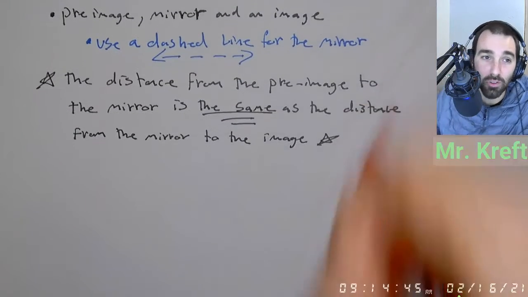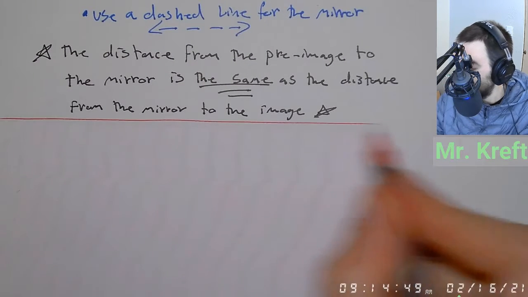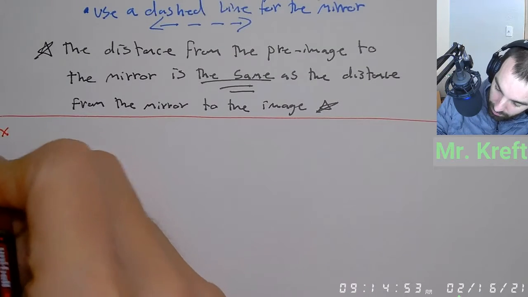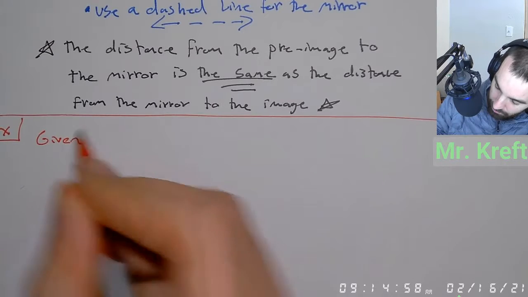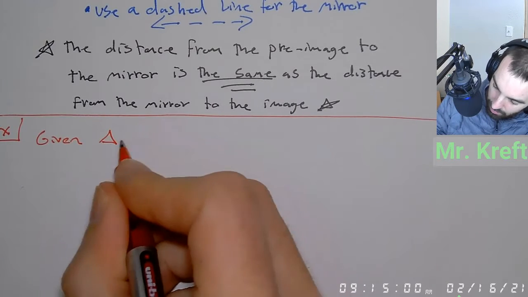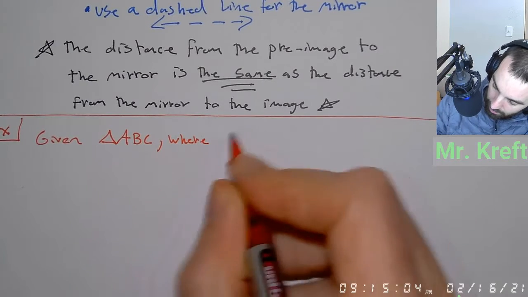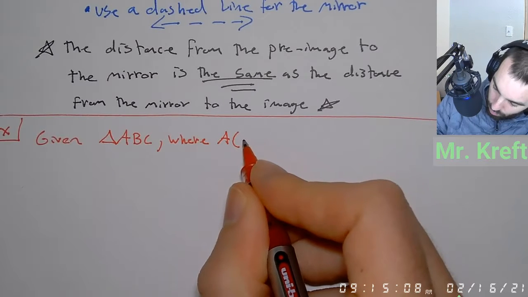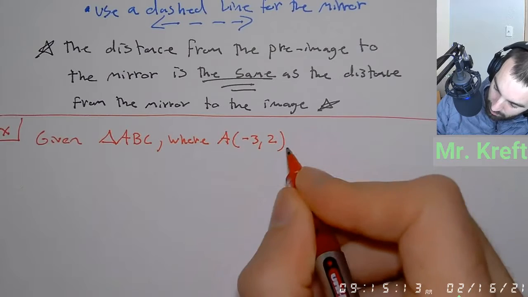So to do this, I'm just going to make up a triangle, okay? So let's do an example of this and see what's going to happen. So I'm going to make up a triangle. So let's say given we're going to say triangle ABC, where let's say A is -3, 2.